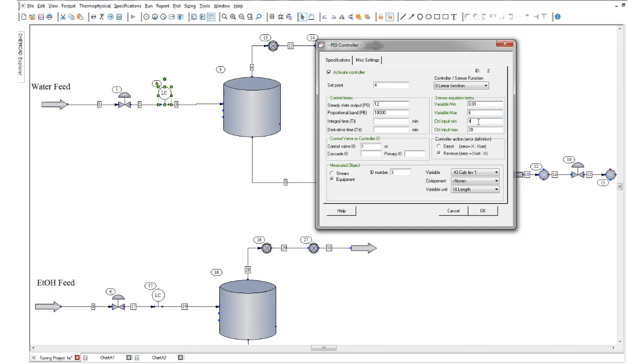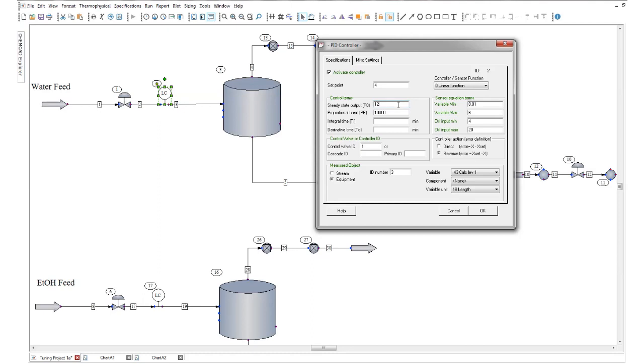Our controller input is 4 milliamps as the minimum, 20 milliamps as the maximum. My bias, or my steady state output, I set at 12 milliamps. That's equivalent to a value of 50% opening, because 4 milliamps is 0% open, 20 milliamps is 100% open, 12 milliamps is exactly midway between.